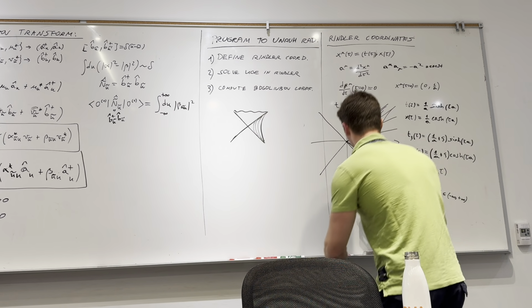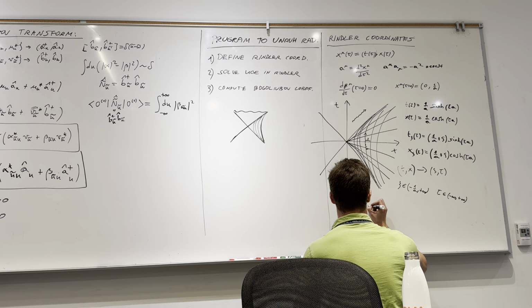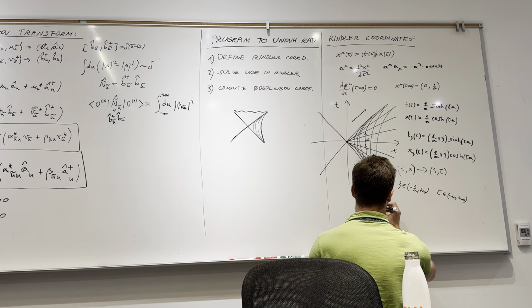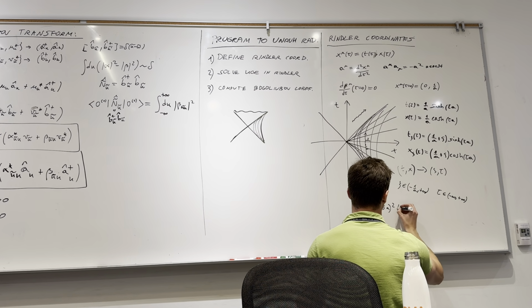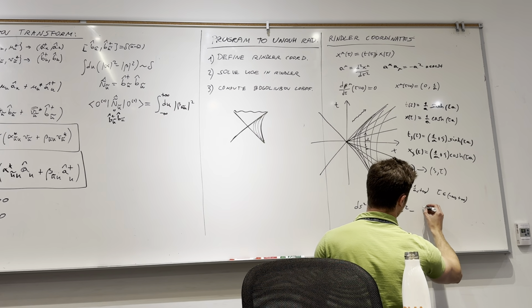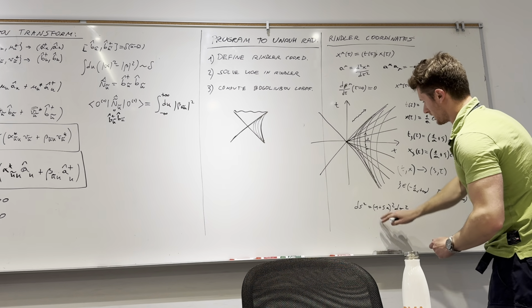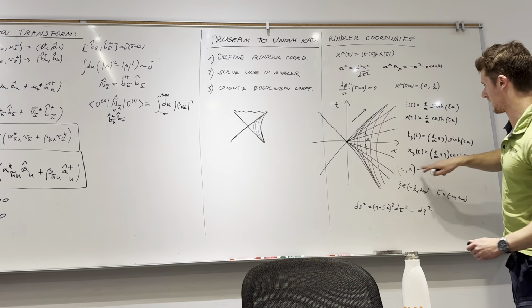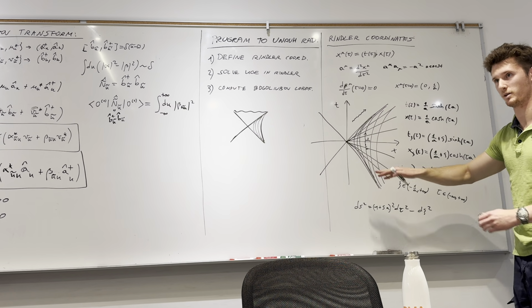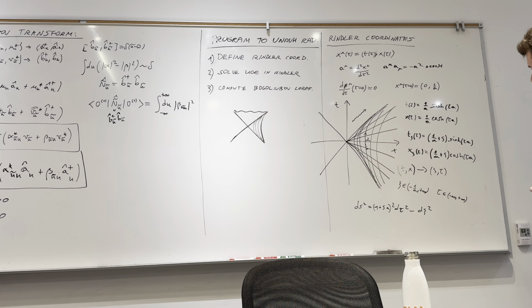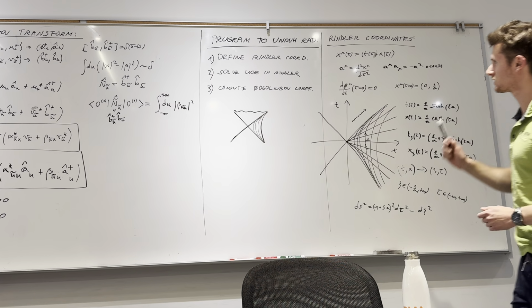So if you look at the metric in this new coordinate, the Minkowski metric will look something like this. You see that this is becoming singular when we get to the horizon, pretty much as in Schwarzschild coordinates.